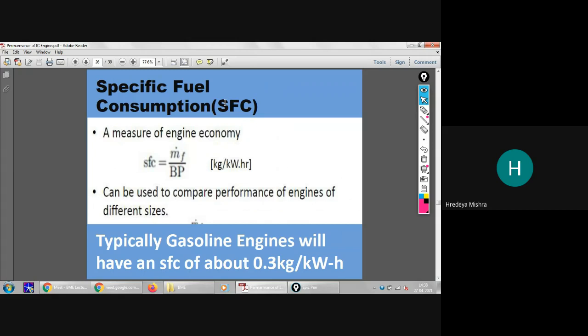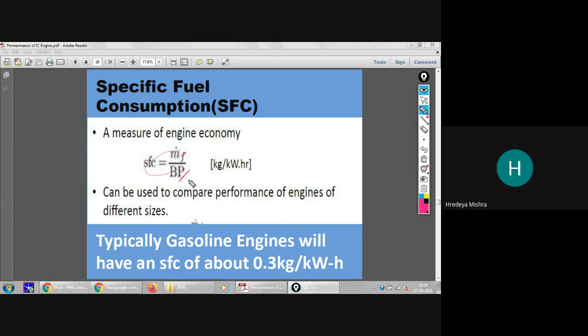Now fuel consumption, specific fuel consumption. A measure of engine economy, SFC, specific fuel consumption, is MF, that is mass flow rate, divided by brake power.